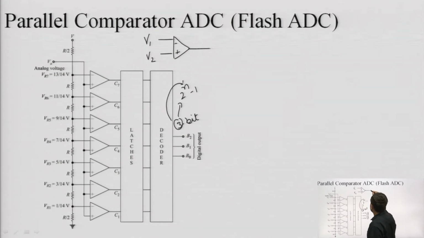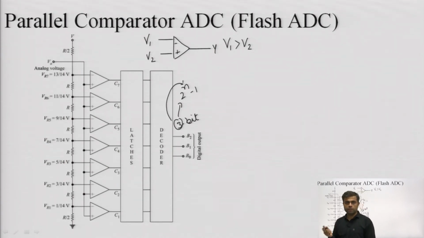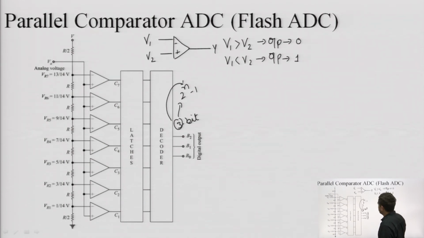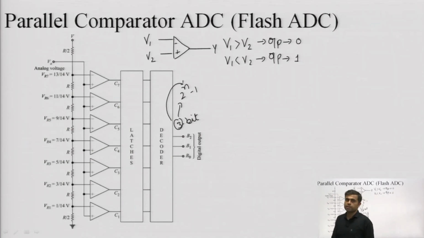If V1 is greater than V2, that means the voltage applied at the negative terminal is higher than the voltage applied at the positive terminal, then the output will be 0. And if V1 is less than V2, then the output will be 1, high. So these comparators result in either a 1 or a 0 output.